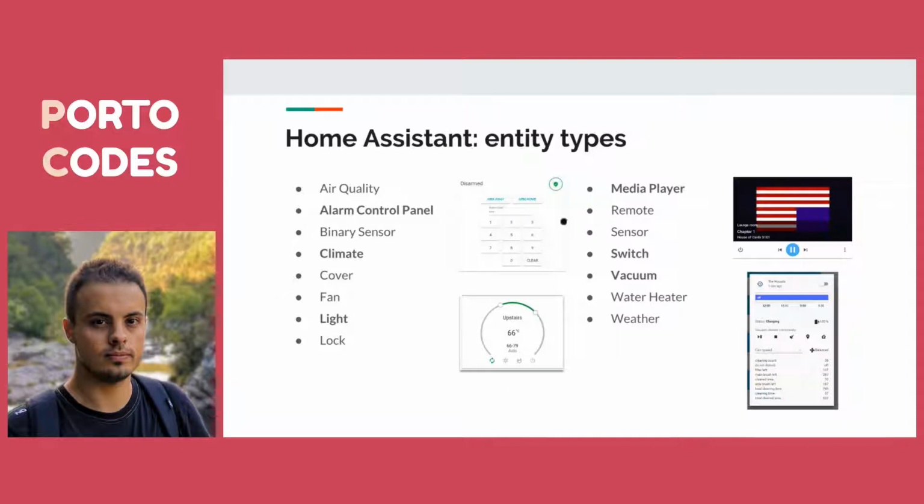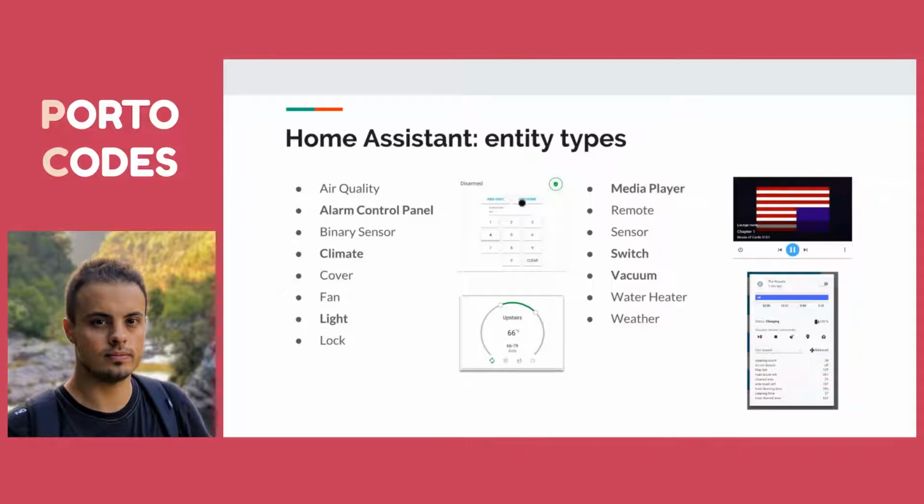Just to give some examples, there's the climate component. You can use it to control an AC unit or the heating of your house. The media player component can be used for things like Kodi or a media player device. And Spotify, you can make Home Assistant play Spotify on your TV if your TV allows Spotify to connect to it.